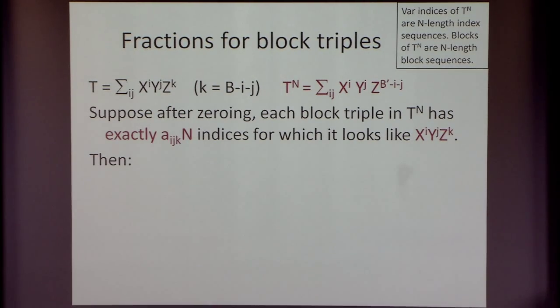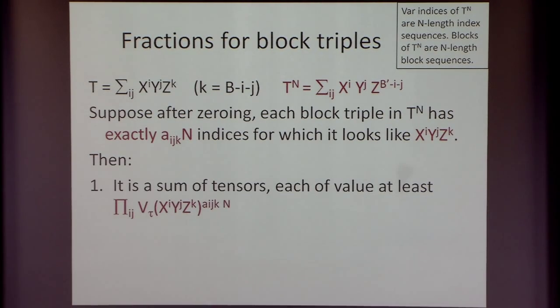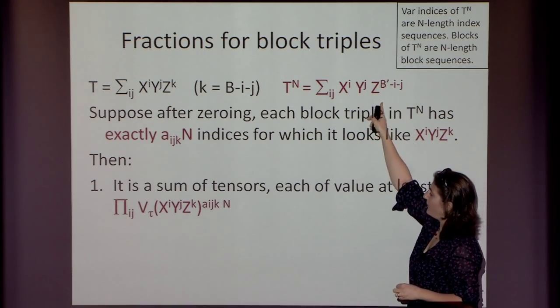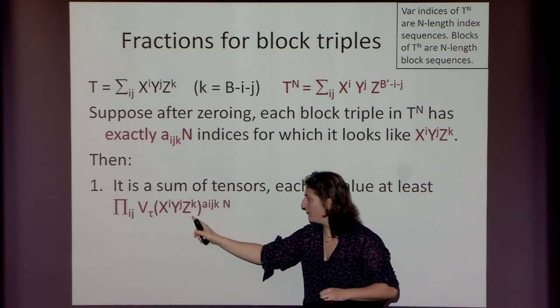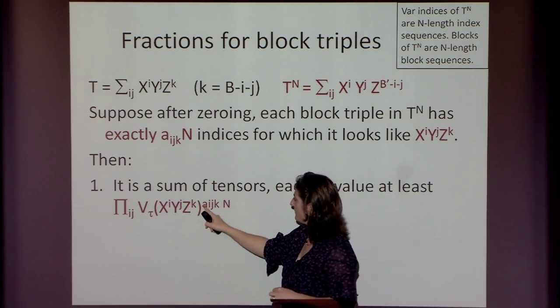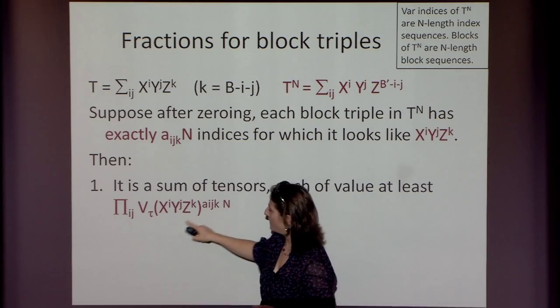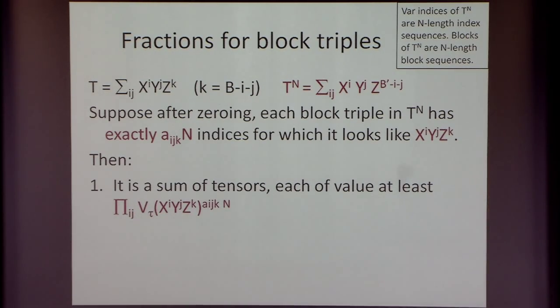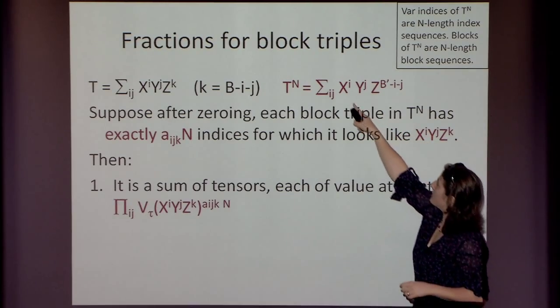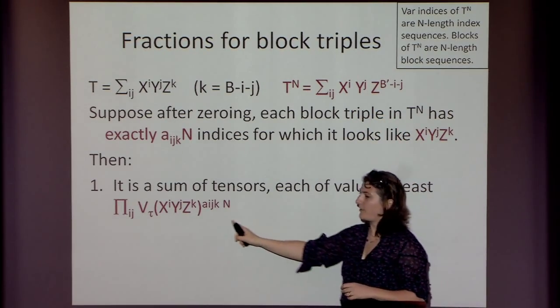Then I know that every one of these summands that remain has value at least the value of this x_i, y_j, z_k to the a_ijk times n power, the product over ijk. So I've picked some fractions for which I look like x_i, y_j, and z_k. I zero out everything that doesn't look like this, and what remains is a sum of these small tensors whose value I understand.